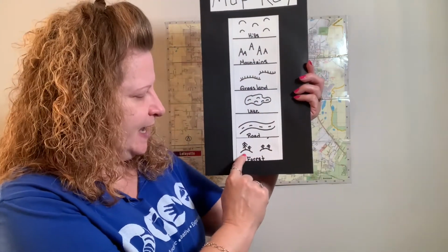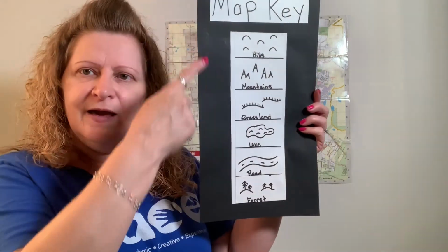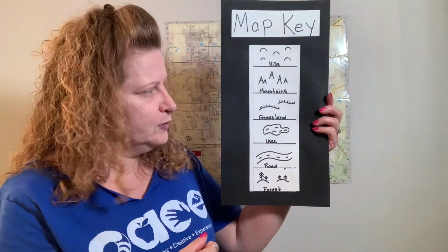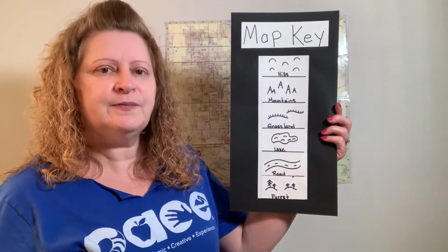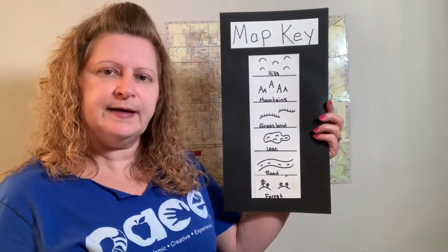And a forest has trees. So we have trees on top of our curved line. It's very simple. These little drawings are our symbols now for our map, and we're using a map key. Again, map keys are very important because they help us quickly find something on a map so that we can get to where we need to go very quickly.